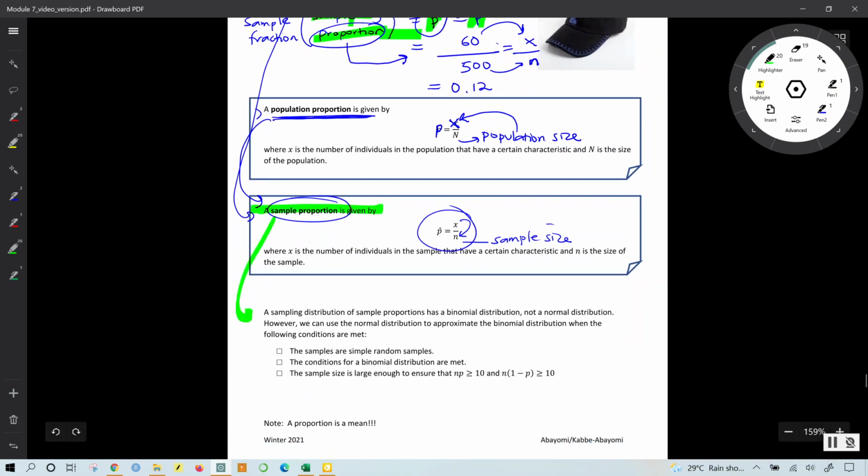Primarily, the sampling distribution of the sample proportion has the binomial distribution that we learned, not a normal distribution. So the parent population is not normal.